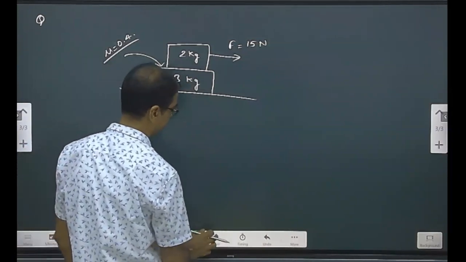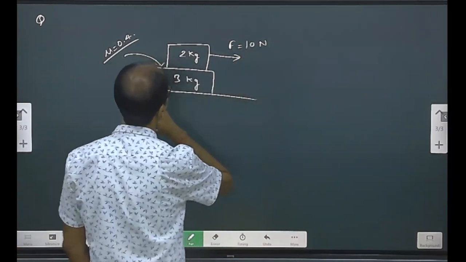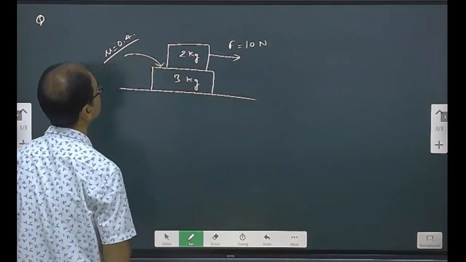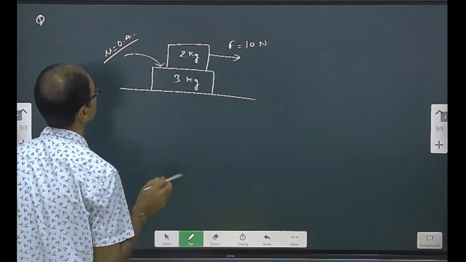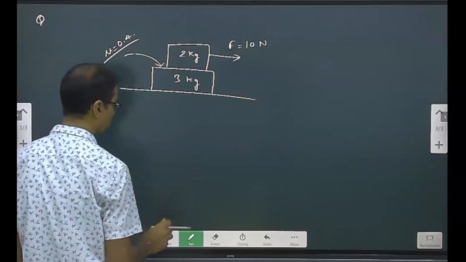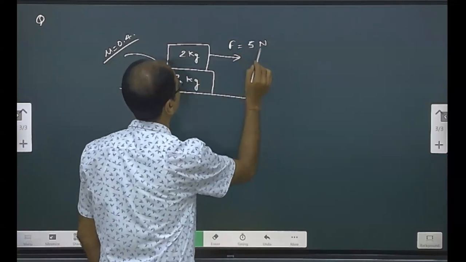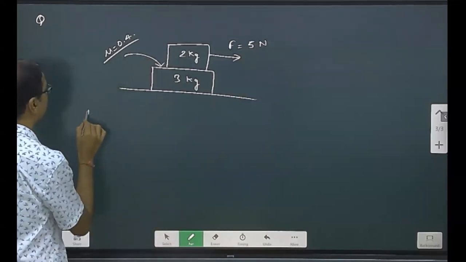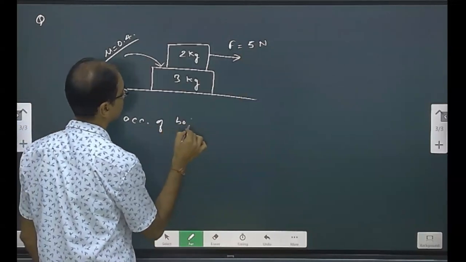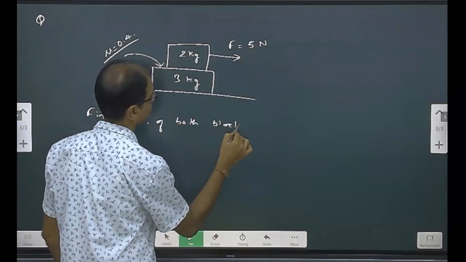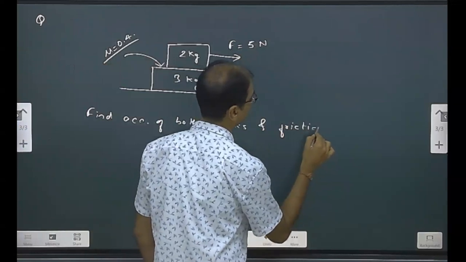Take g as 10. Ten also is too much, take 5 only. Right. So find the acceleration of both blocks and friction between them.